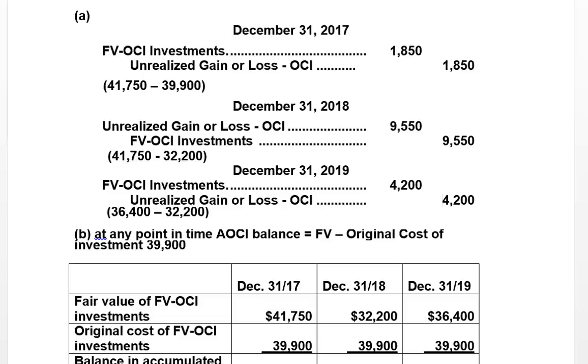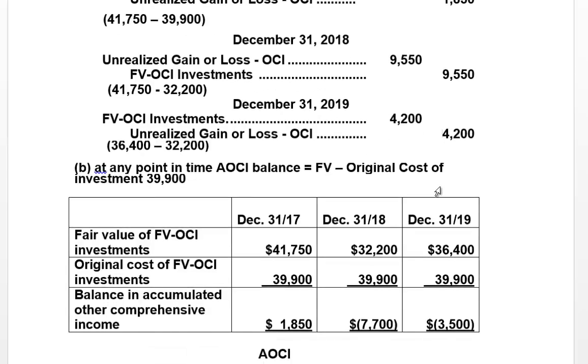Just like net income adjusts retained earnings, OCI, or those unrealized gains and losses, are always updating AOCI. So if we went through and counted up all of our OCI unrealized gain and loss credits and debits, we should get our ending balance in AOCI, right?